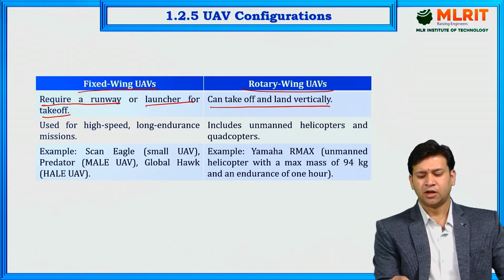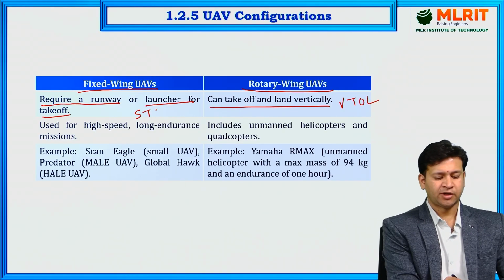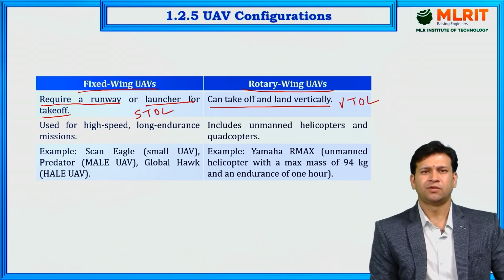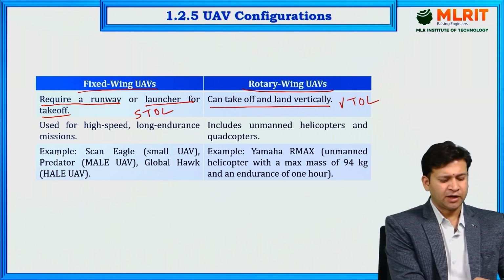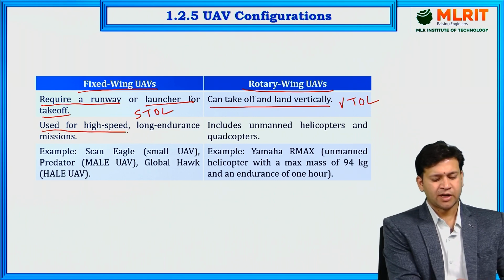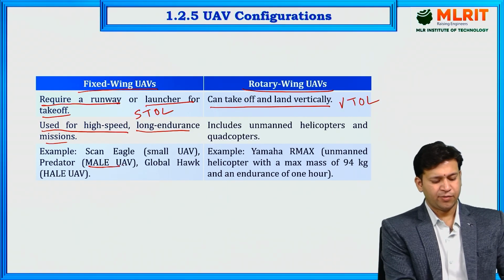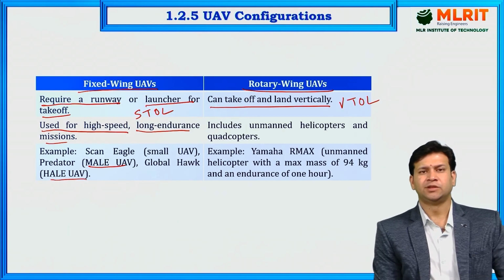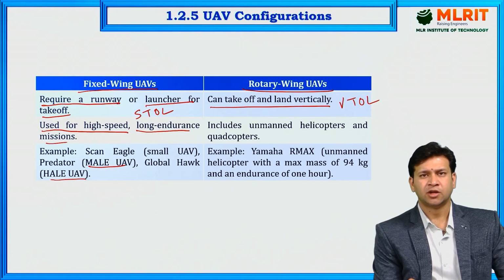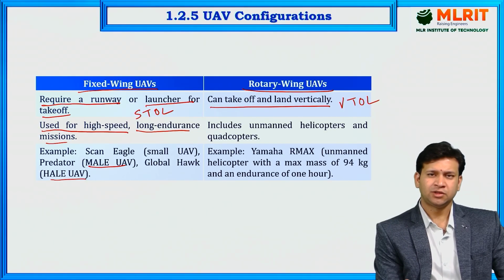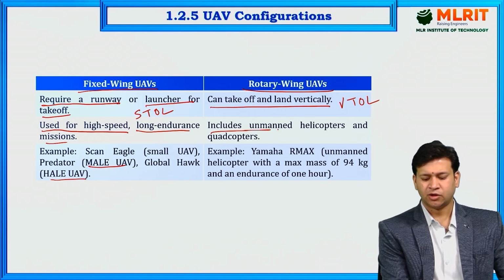It will have the feature of VTOL, and this will be short takeoff and landing or conventional takeoff and landing. Fixed wing unmanned air vehicles are used for high speed, long endurance missions, for example, MALE UAVs and HALE UAVs. Whereas rotary wing unmanned air vehicles include unmanned helicopters and quadcopters.